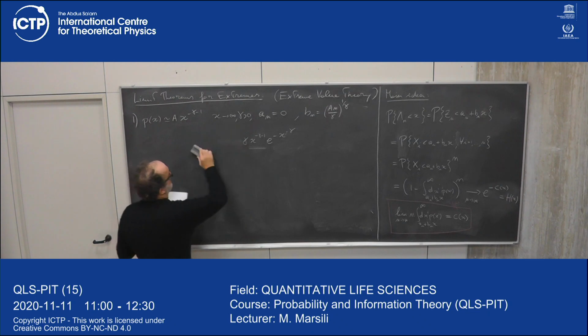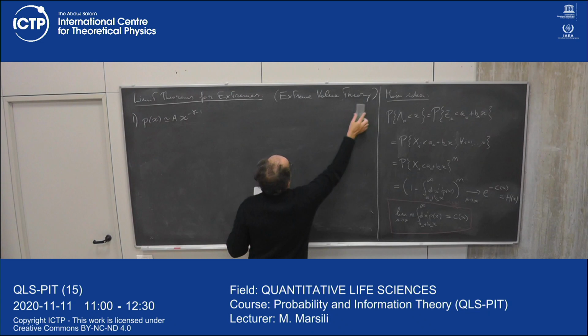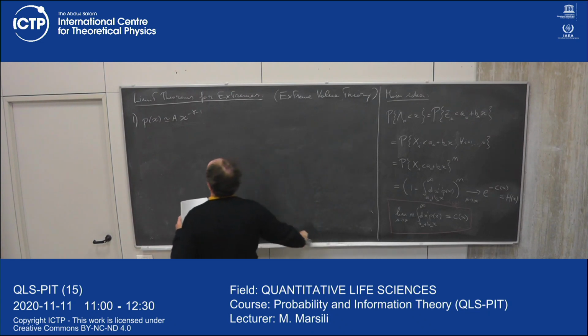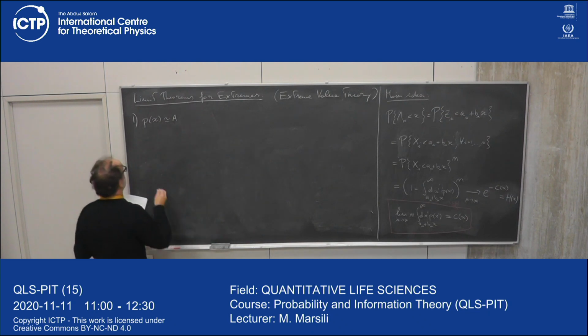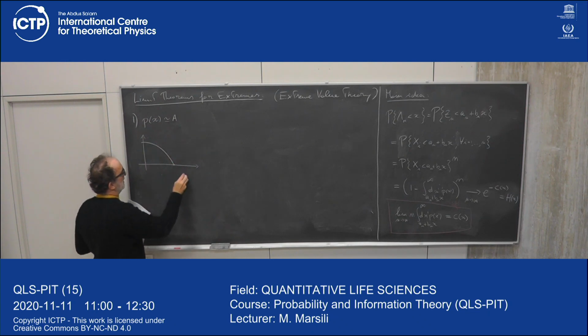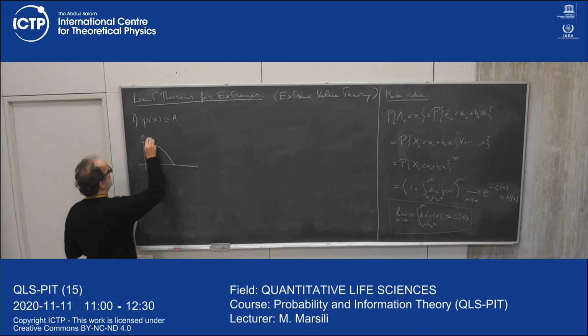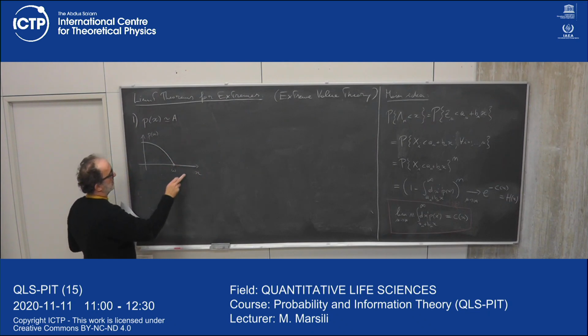Second case is a case where instead we have a distribution that has this shape as support up to a certain point, and then this is the p of x, a function of x, and there is an omega such that all random variables are less than this omega.